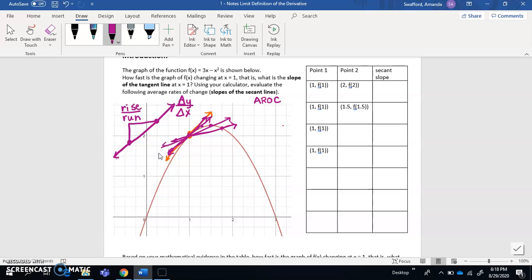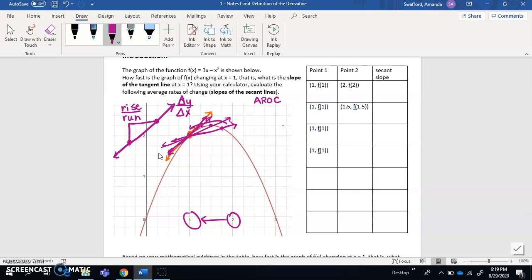So we're watching the slope change as we move this point closer and closer to the point of tangency. As the change in our x values gets smaller and smaller, what is this secant slope approaching?